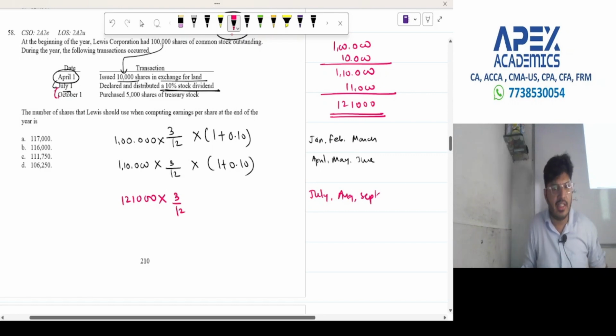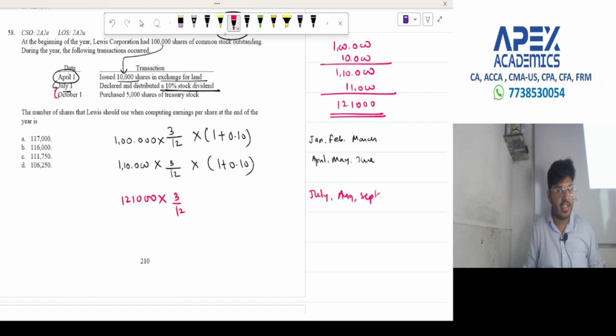Multiply this by nothing. There is no need to adjust over here because these are already bonus adjusted. In this, no more bonus adjustment. Agreed or disagreed? Yes or no?